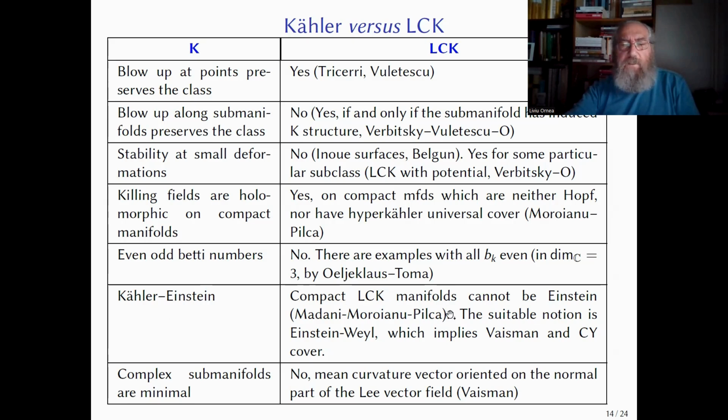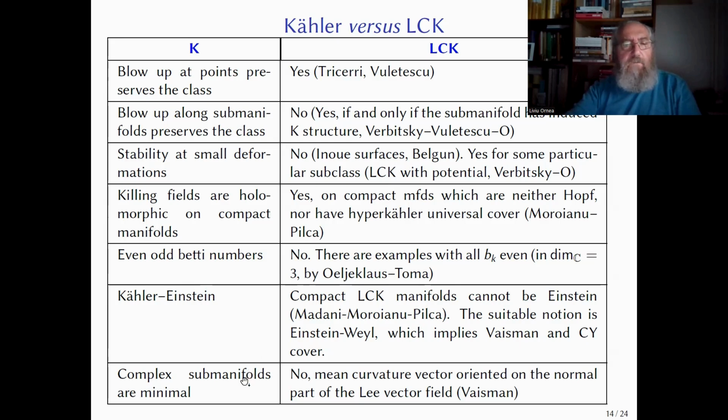And the suitable notion then is Einstein-Weyl. You should refer to the Weyl connection, a kind of Einstein condition in the weight bundle. And this implies Vaisman and Calabi-Yau cover. So we enter into a narrower street.